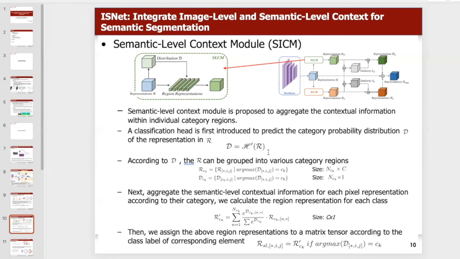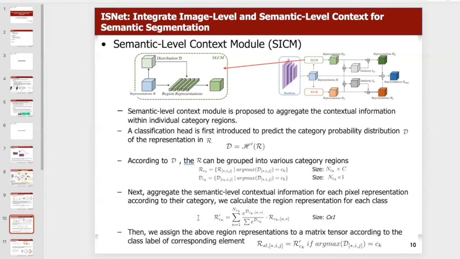R has C channels and D has the category number of channels. Okay, all right. So you do the one-by-one convolution to the number of categories you have. Yeah, exactly. Okay, so hopefully it's trained to calculate the probability correctly here then. Yeah. Okay, all right. Thank you.